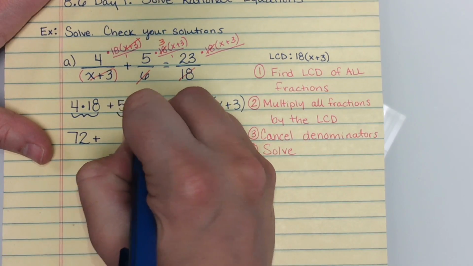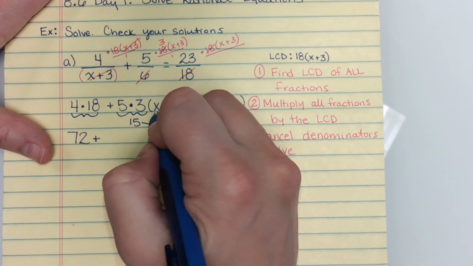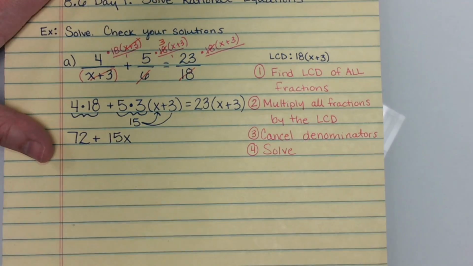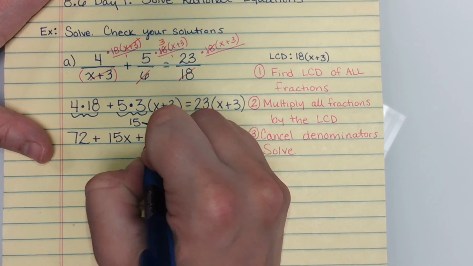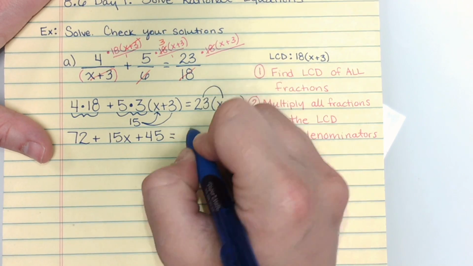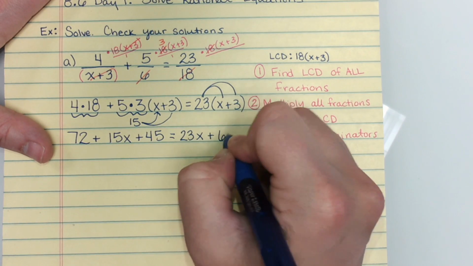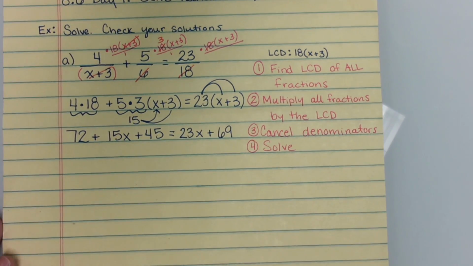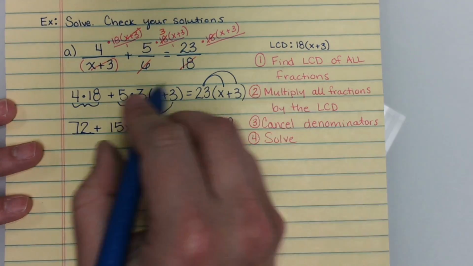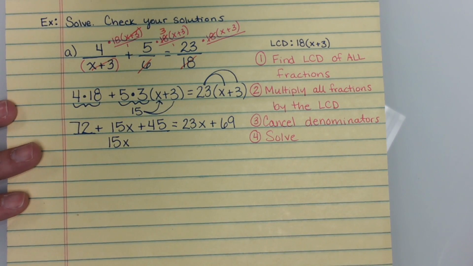Plus 5 gets multiplied by 3, giving me 15, which also needs to distribute. 15 times x, 15x, 15 times 3, 45, equals 23 needs distributed. 23x plus 69. Simplify further, combine some like terms. 72 plus 45 happens to be 117.